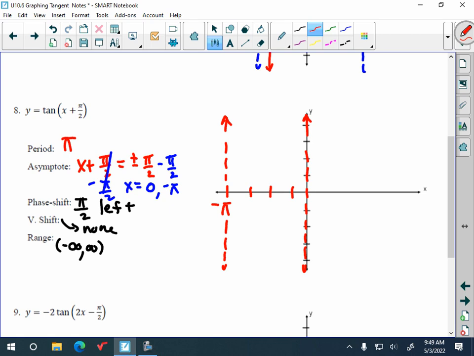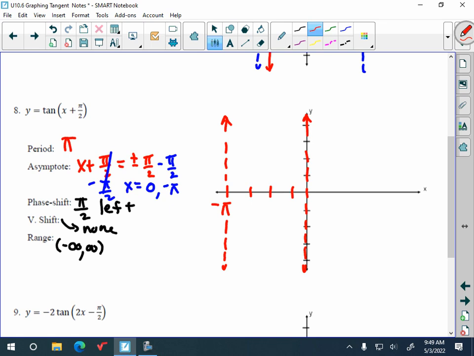Now, the period in between each cycle is pi units. So you can see there's going to be another asymptote at positive pi, another one at positive 2 pi, 3 pi, 4 pi. So every pi units, there's another asymptote within that graph. We only have to give one cycle, so we'll just give these.